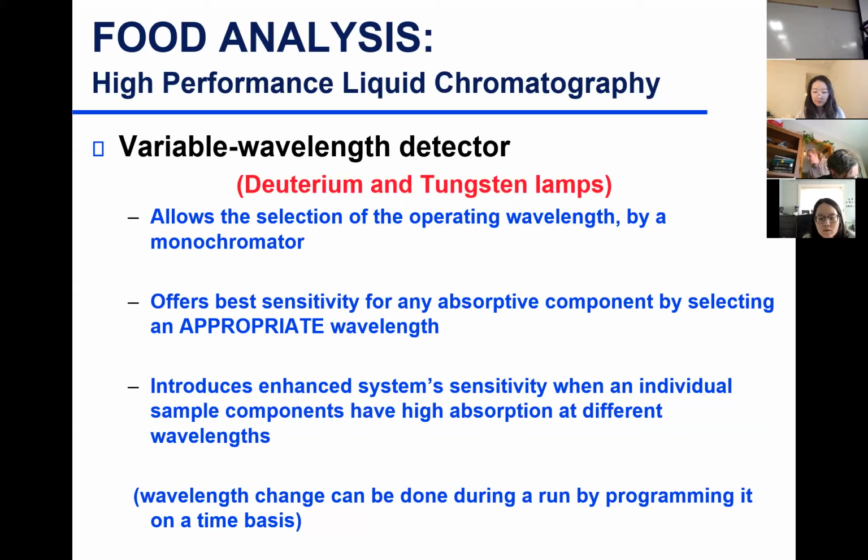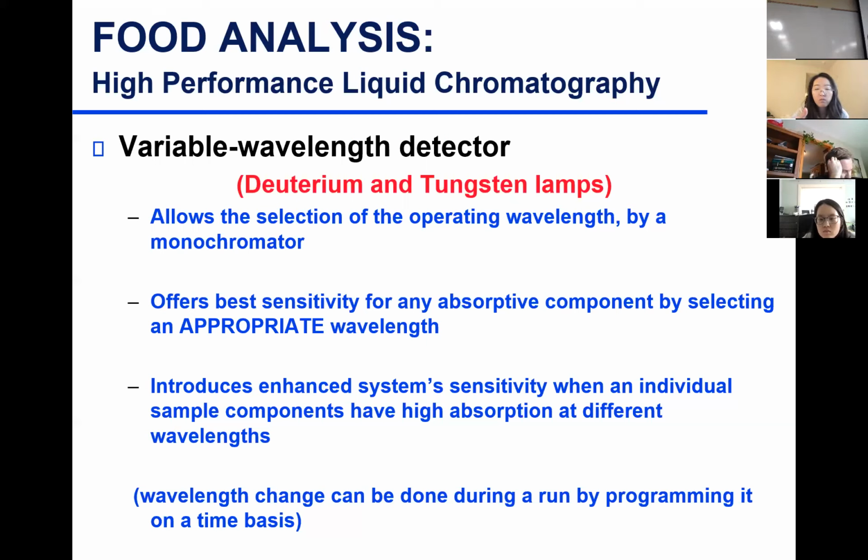If you have sample components that absorb at different wavelengths, you can adjust the wavelengths over the run, but you have limitations. For example, the UV variable wavelength detector that we have in our lab, we can change the wavelengths only once during the run.